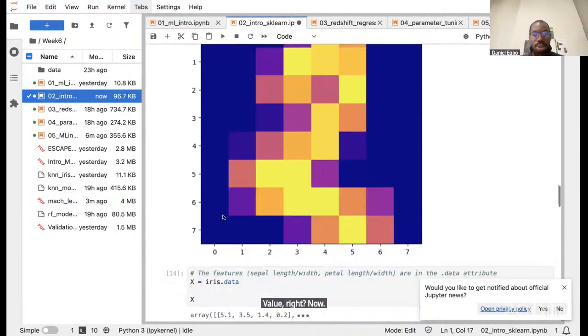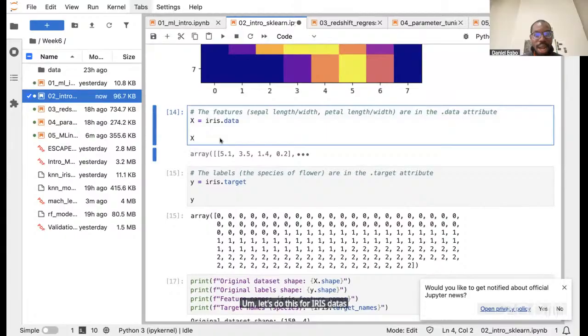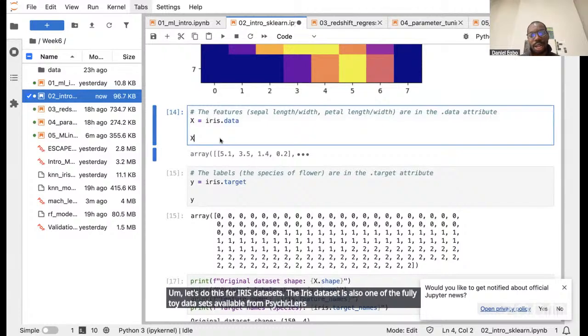Now, I've shown you this earlier. Let's do this for the iris datasets. The iris dataset is also one of the free toy datasets available from Scikit-learn. It's not just in Scikit-learn. I think you can also fetch it from Pandas and many other frameworks out there. So it's some of the very good examples to get started with. I think it has roughly 150 rows of data.